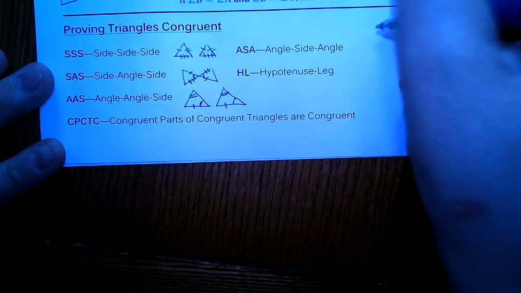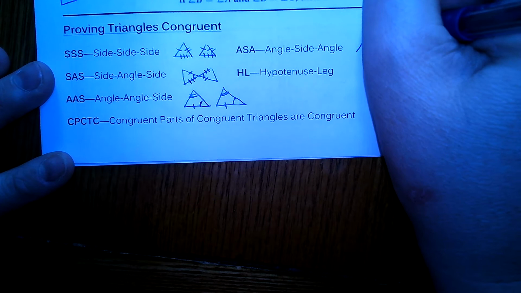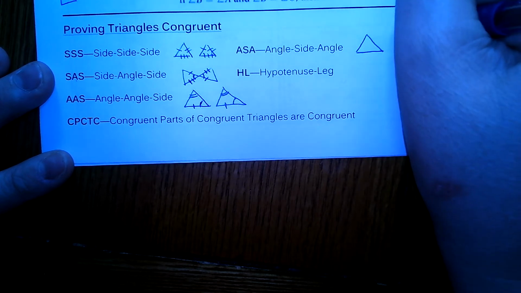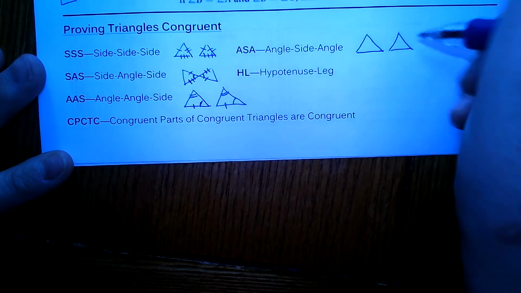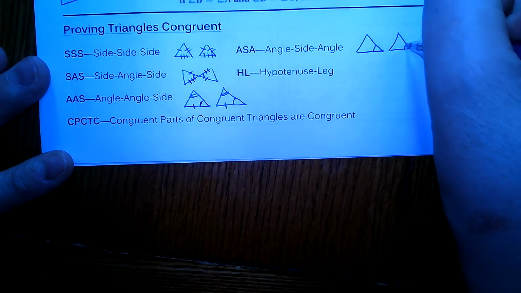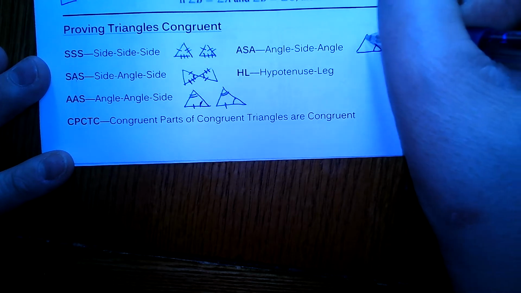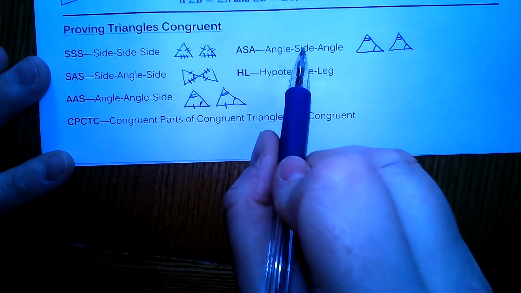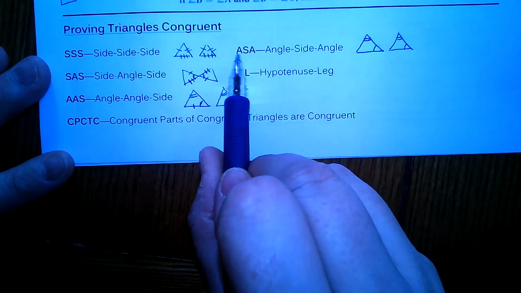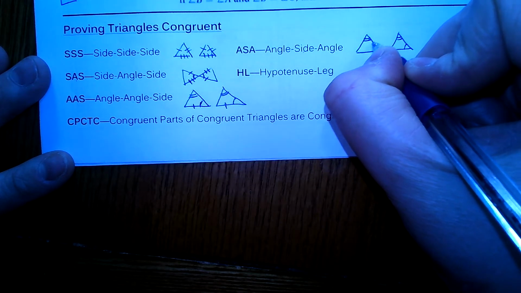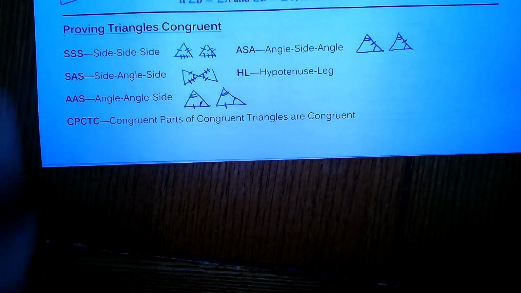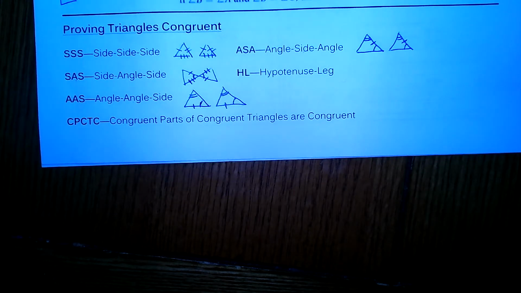Angle side angle is really similar, except the side has moved. Check it out. You still need two angle pairs, but now the side is connecting the two angles to form this pattern of angle, then side, then angle.